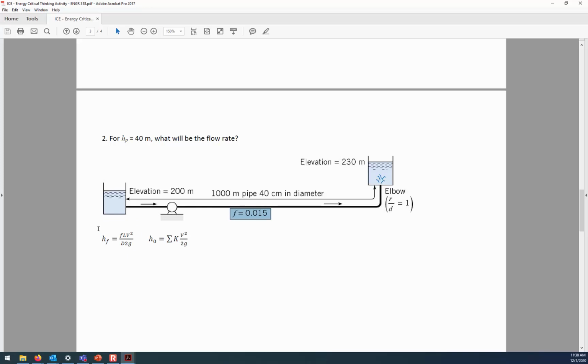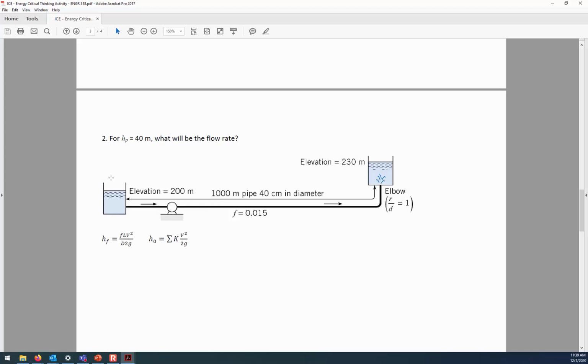The Darcy-Weisbach equation has that term f that accounts for how rough it is. It also has the length of the pipe being accounted for, and overall it's 1,000 meters of pipe length. We're solving for an unknown velocity. So in the Darcy-Weisbach equation, V is the unknown. We do know the diameter, and of course we know g.